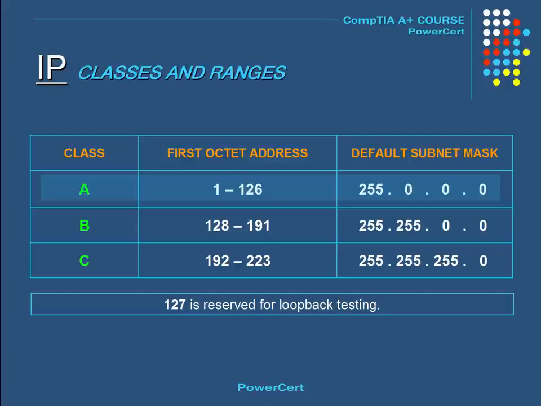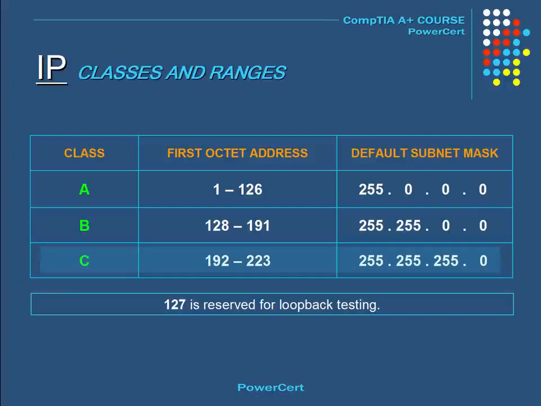And a Class B IP range is from 128 to 191, and this class supports 65,000 hosts on 16,000 networks. This class is given to medium-sized organizations. And a Class C IP range is from 192 to 223. This class supports 254 hosts on 2 million networks.